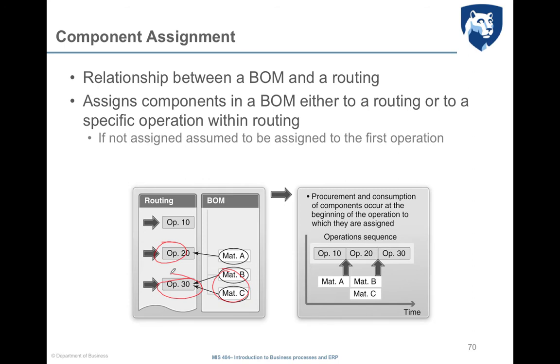The right side of the figure instead indicates that the materials are consumed at the beginning of the operations. Any material that is not explicitly assigned to an operation is instead automatically assigned to the first operation and consumed at the beginning of that operation. So if a component assignment is not defined, a material is assigned to the first operation and at the beginning of this operation.